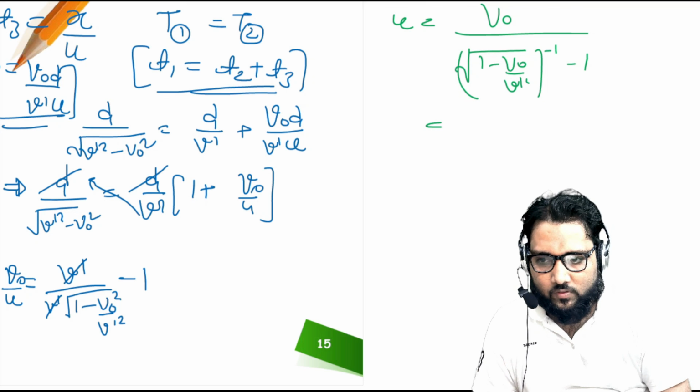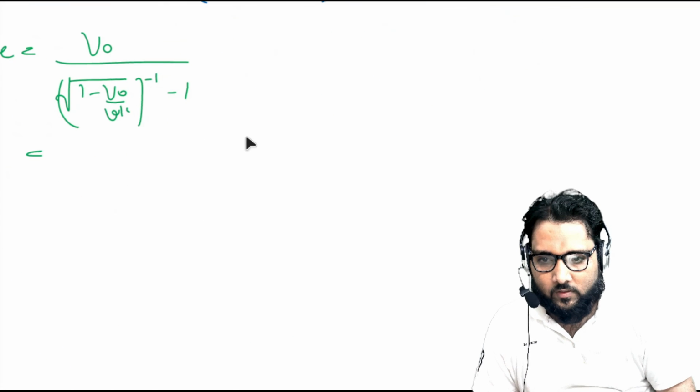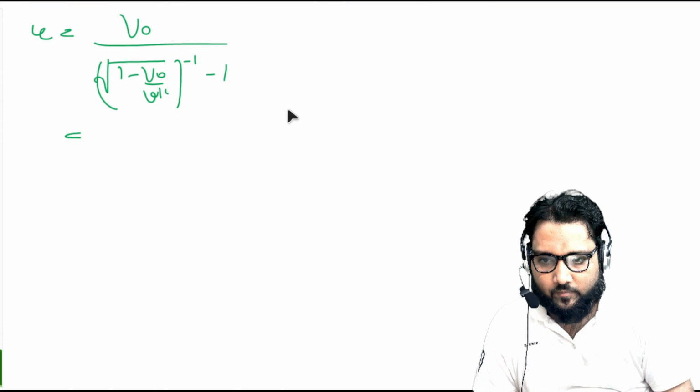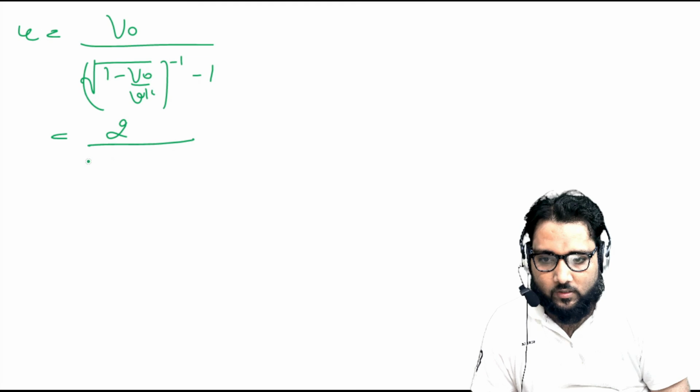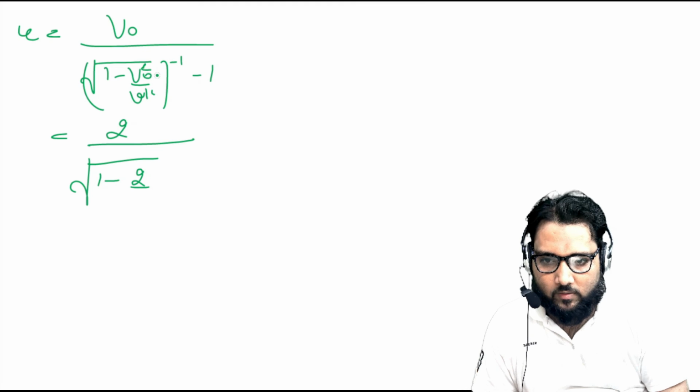When we further solve it, the value of v naught is 2 kilometer per hour, and v naught square upon v dash square is 2 upon 2.5 whole square, and that is minus 1, with the whole power equal to minus 1.